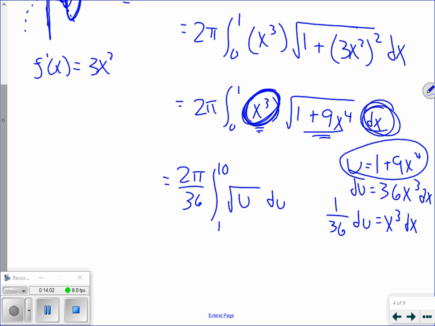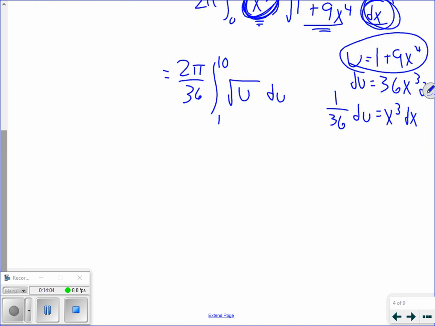Okay, so let's just integrate this and solve. So we got, let's see, that's pi over 18. And then the integral of u to the 1/2 is just u to the 3/2 times 2/3, evaluated from 1 to 10.